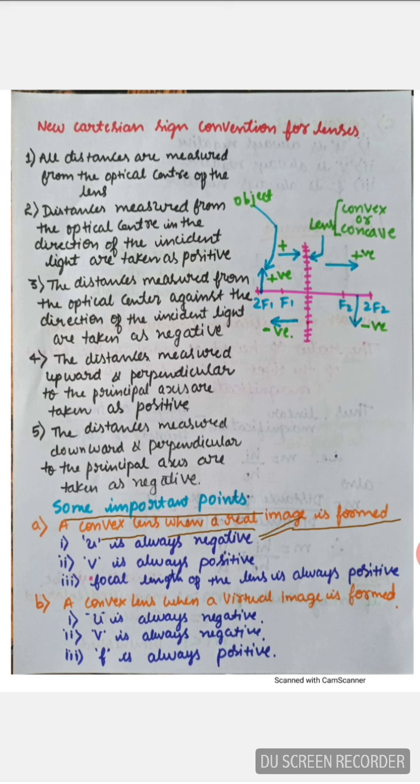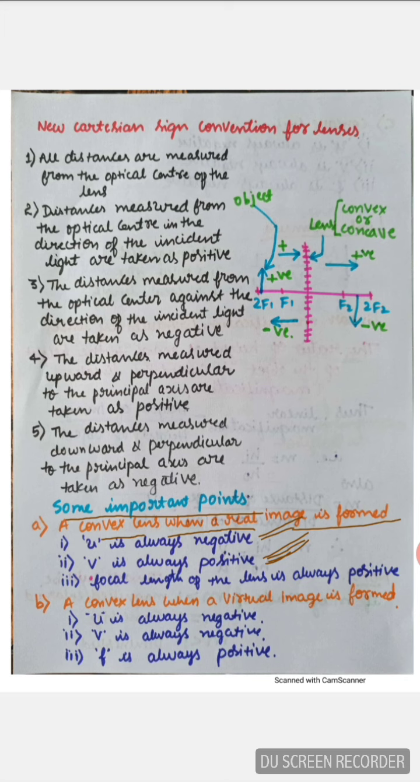In any case u will always be negative. If the image is real, v is always positive in the case of a convex lens. Why is v positive? Because the image formed will be on the right side of the lens. Distances measured on the right side of the lens are taken as positive. Distances measured on the left side of the lens are taken as negative.